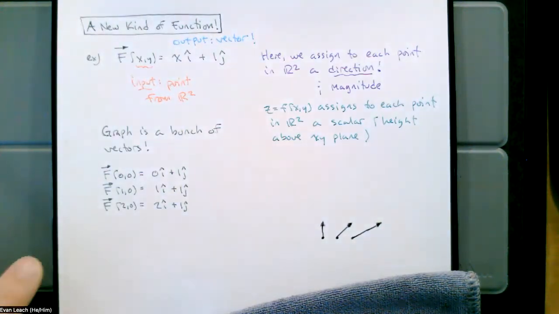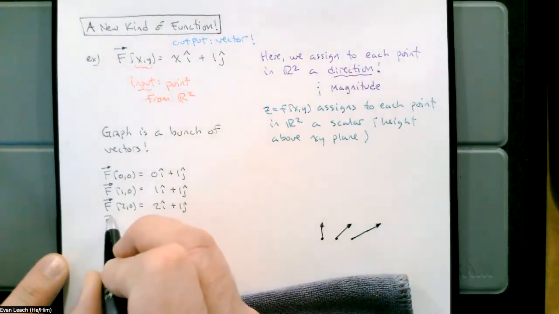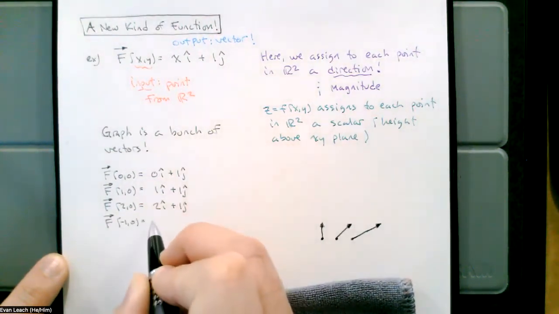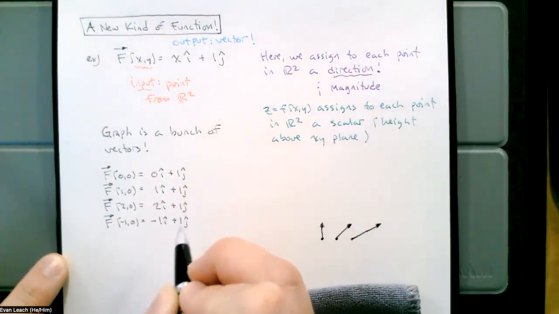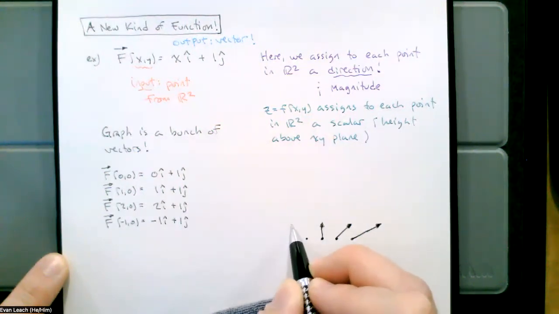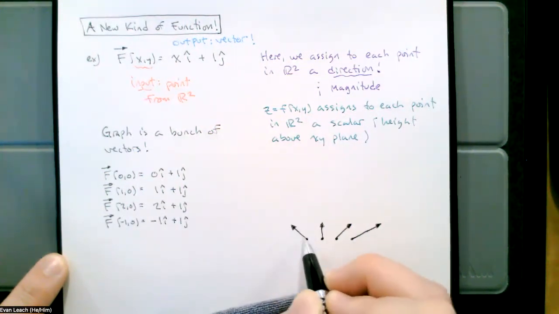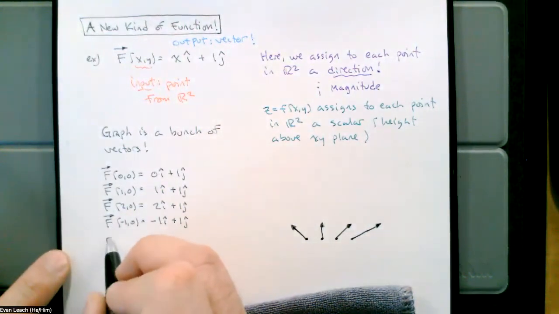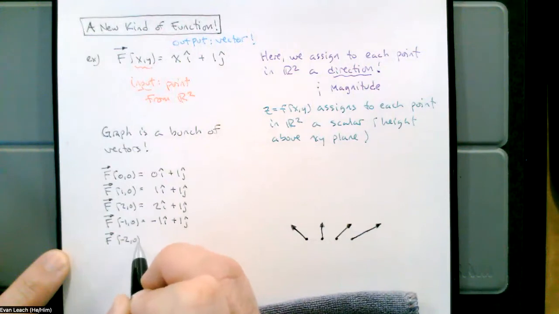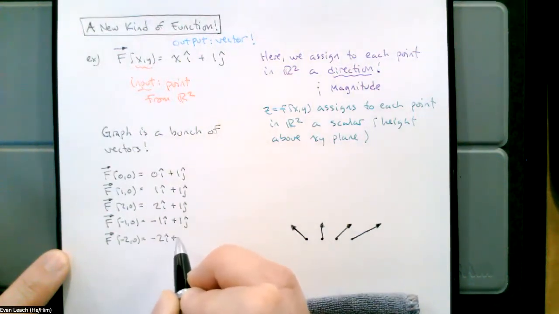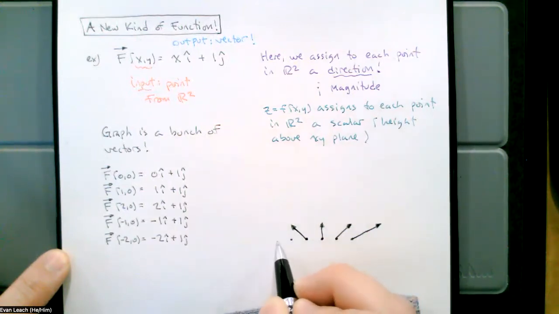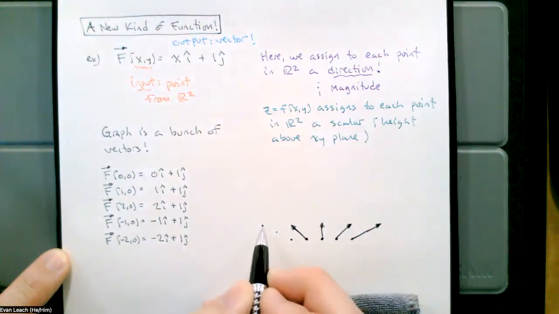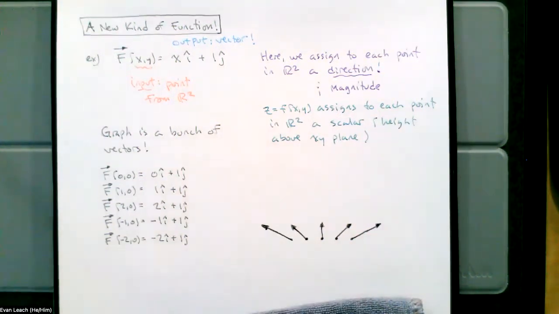If I look in the other direction, I get the vector negative 1, 1. So at each point in the plane, I'm assigning a direction.